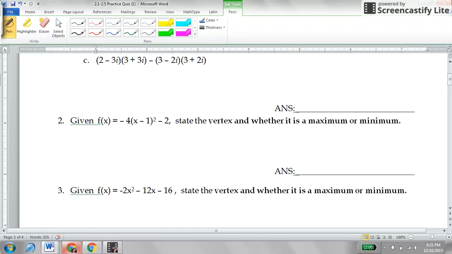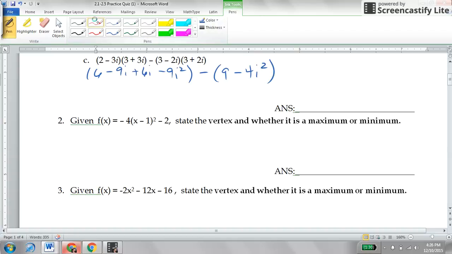Scrolling down to C. C is a little bit harder. We're going to have to do order of operations. So multiply first, and then we're going to subtract. So if you multiply the first one, we'll get 2 times this minus 9I plus 6I minus 9I squared minus, and this is the difference of 2 squares, so we'll have 9 minus 4I squared.